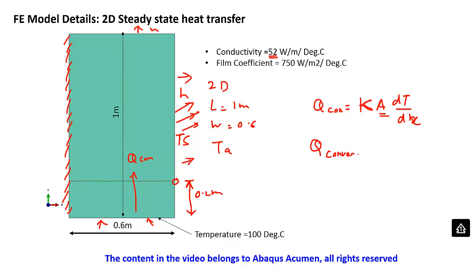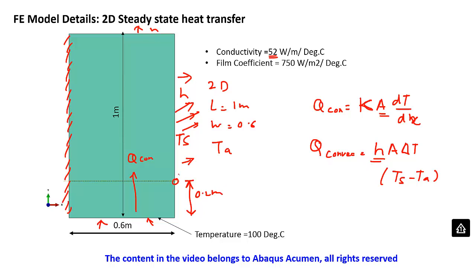And then if this starts getting heated up, the heat from here to the environment goes using convection heat transfer, which is nothing but h A delta T. This delta T is T surface minus T ambient, and this h again depends on different conditions.